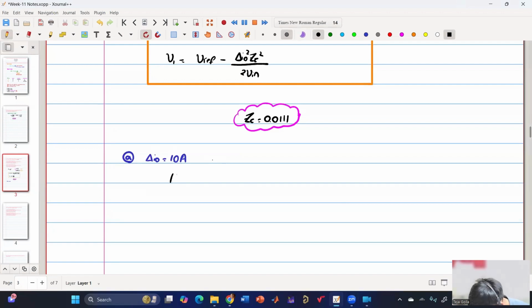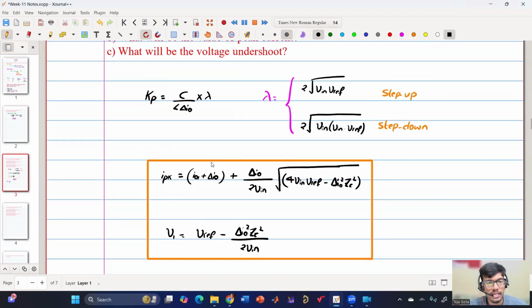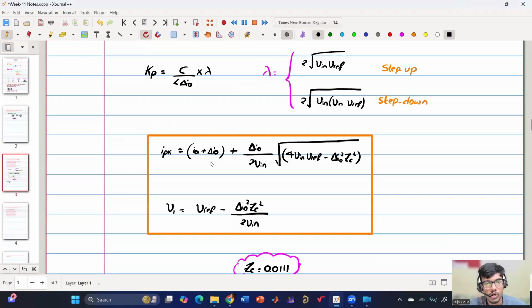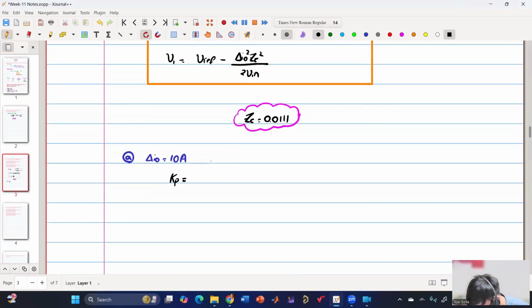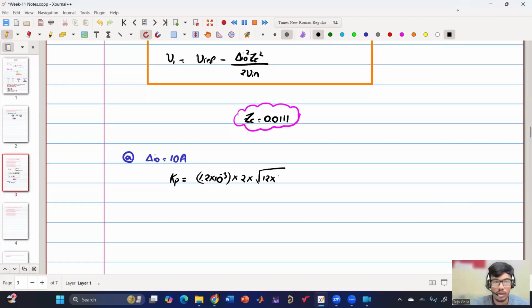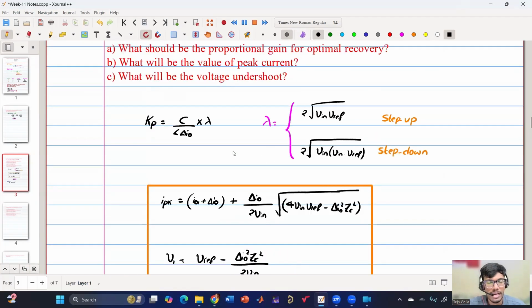So KB is C into lambda, which is square root of 2 into V in by V reference. C I have given as 1.2 millifarad. So 1.2 into 10 to the power minus 3 into 2 into square root of 12 into 1 by L into delta I naught.